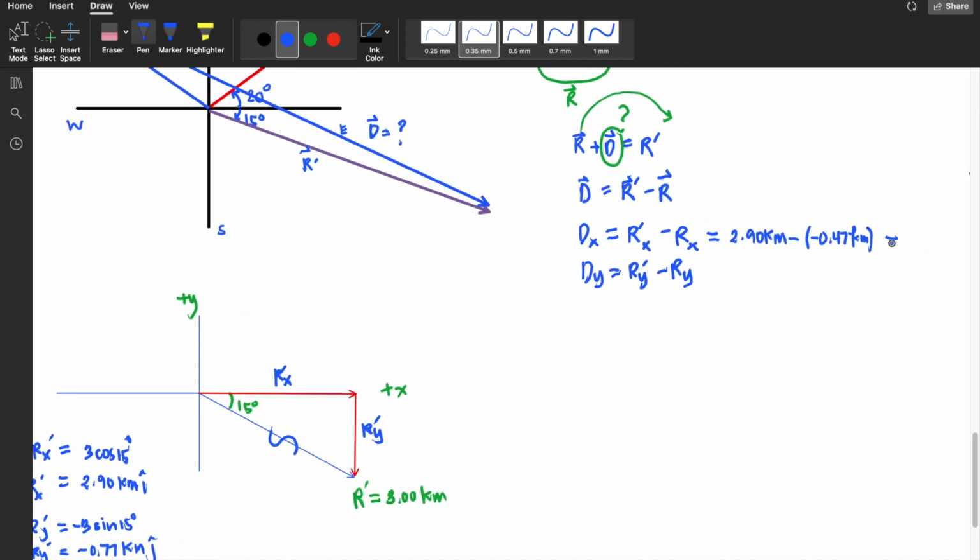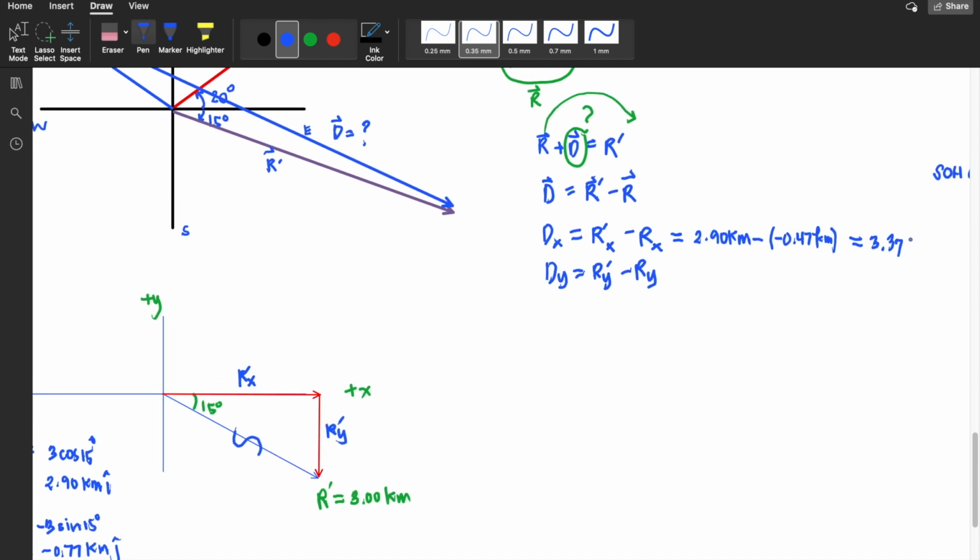The final answer would be positive 2.90 plus 47, which is 3.37 kilometers i hat. Sorry guys.